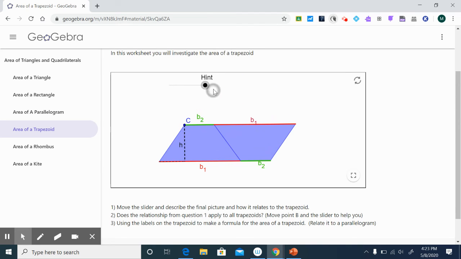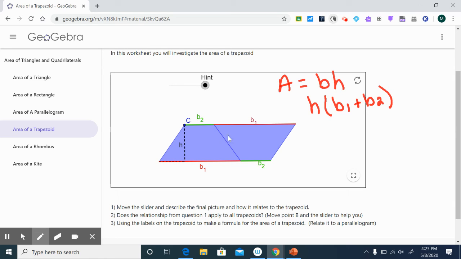So in my area of a parallelogram, remember it is base times height. We have our height. Now the base, in this case, is going to be the base 1 plus the base 2 of that trapezoid.